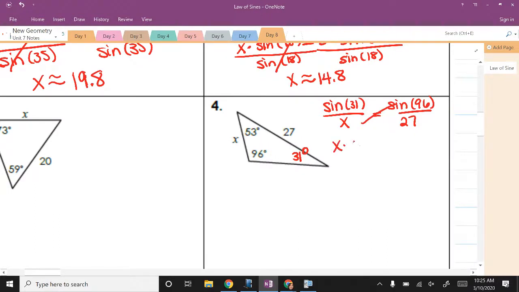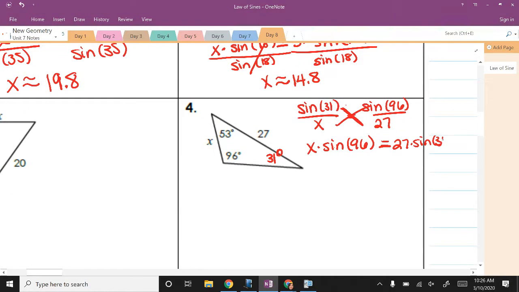So you have x times the sine of 96 equals 27 times the sine of 31, and divide by sine of 96.